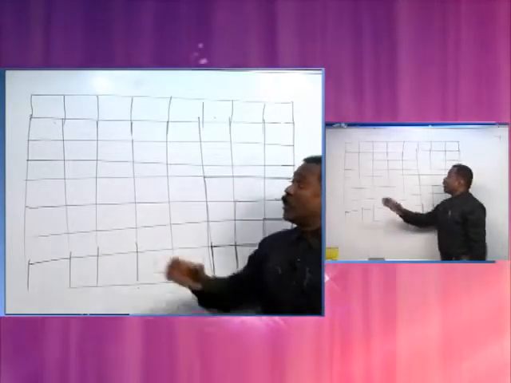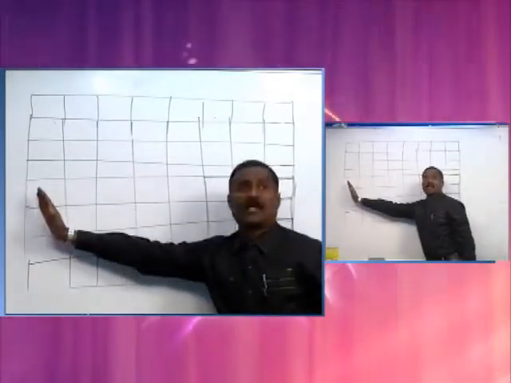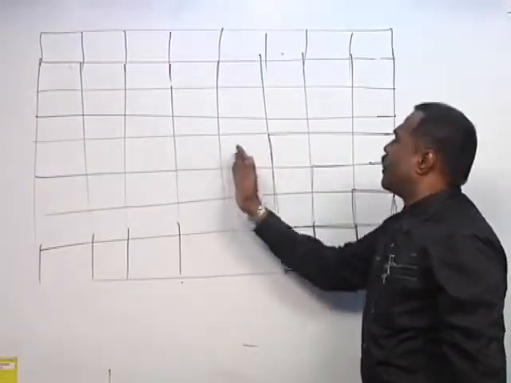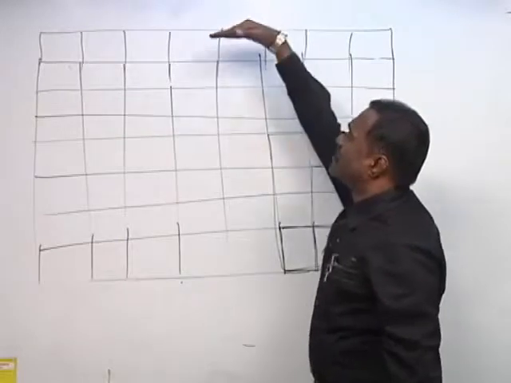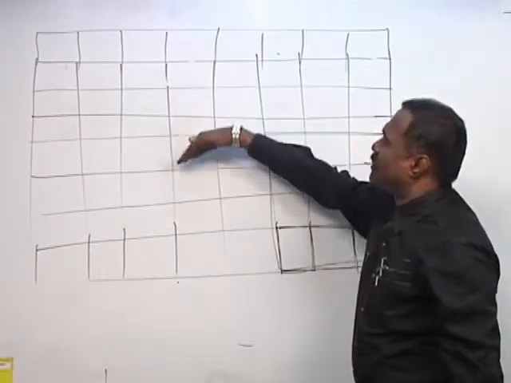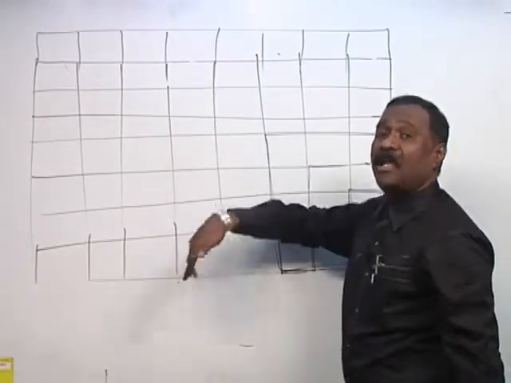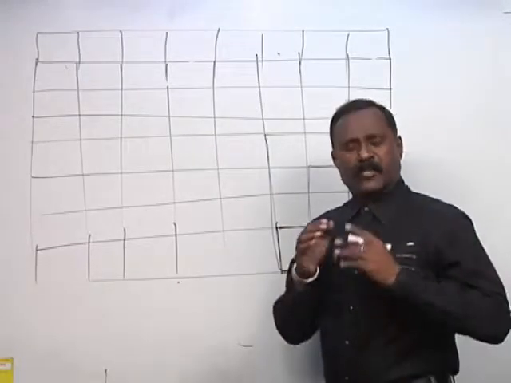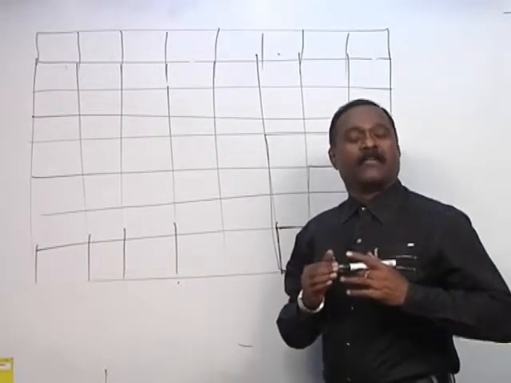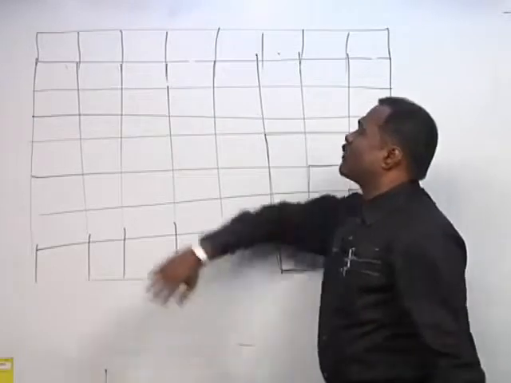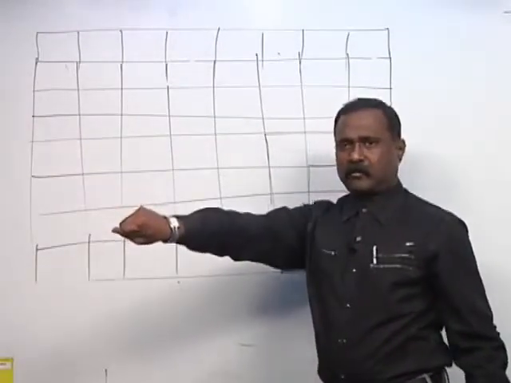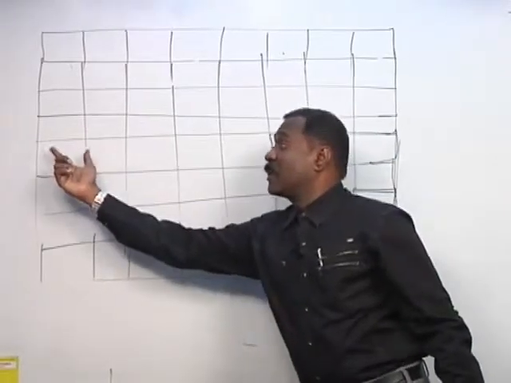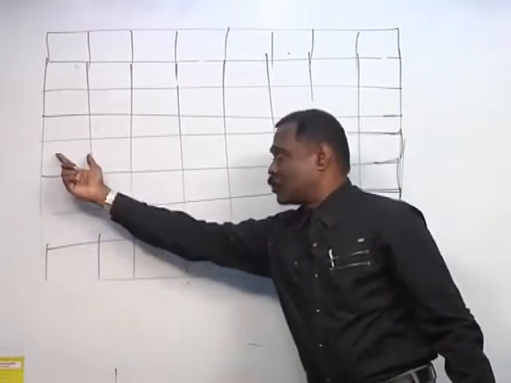So here, how many vertical lines are there? 1, 2, 3, 4, 5, 6, 7, 8, 9 vertical lines are there. How many horizontal lines are there? 1, 2, 3, 4, 5, 6, 7, 8, 9 horizontal lines are there. To find the number of rectangles, whatever rectangle you take, there will be one set of parallel lines, and in the second set also 2 lines will be there.